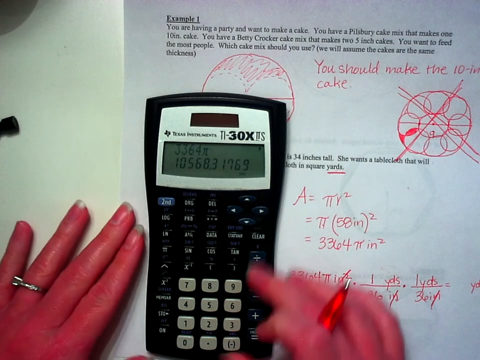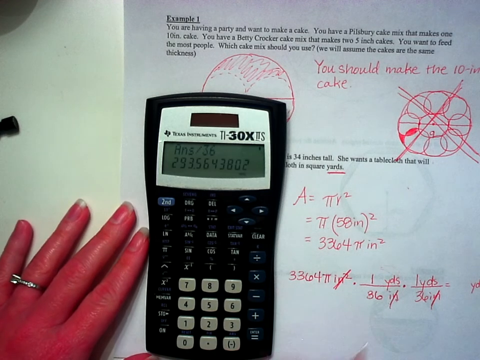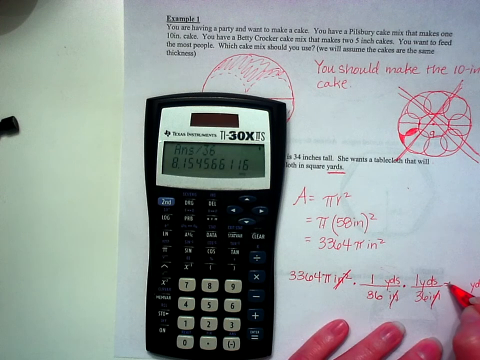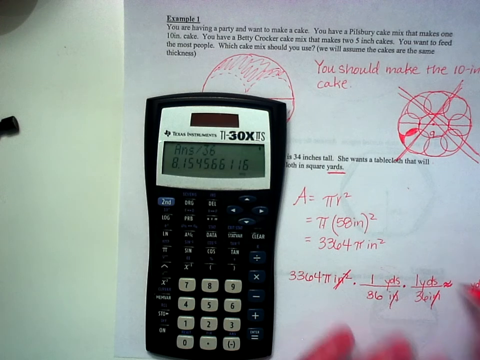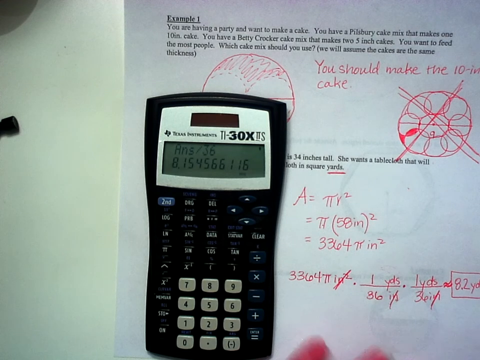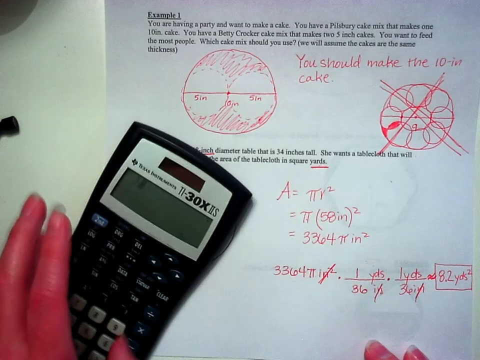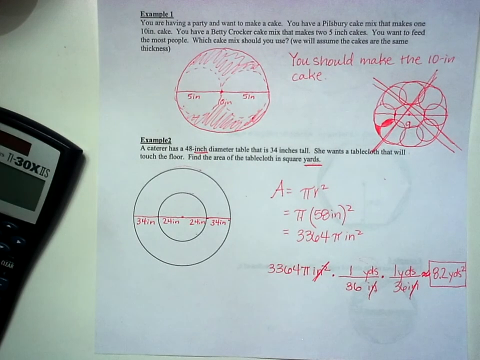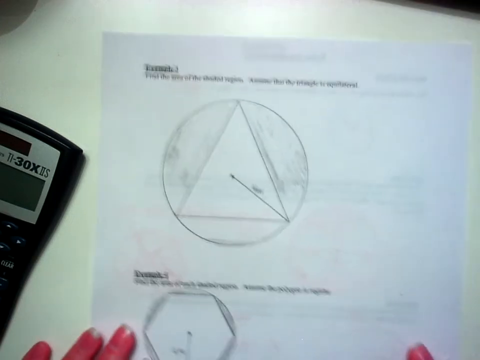Okay, and then you're going to divide that by 36 and hit enter, and you're going to divide by 36 again and hit enter. So we get approximately 8.2 yards squared. That is your final answer. Approximately 8.2 yards squared.